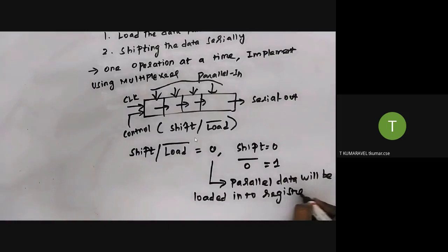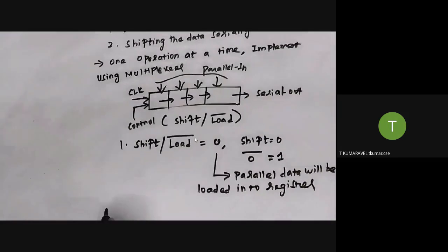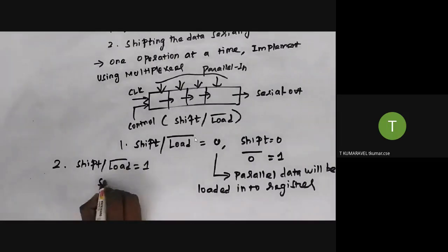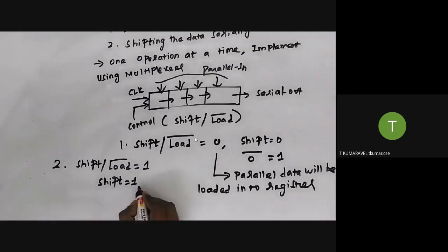Suppose I'm a user providing input as 1. I'm providing the shift value equal to 1, and the load bar value equal to 0. So what happened? It's going to perform the shift operation.